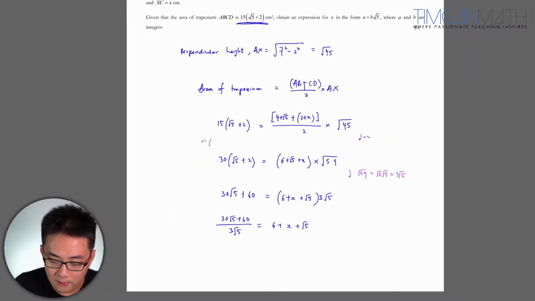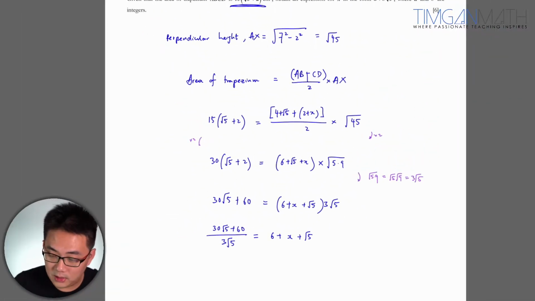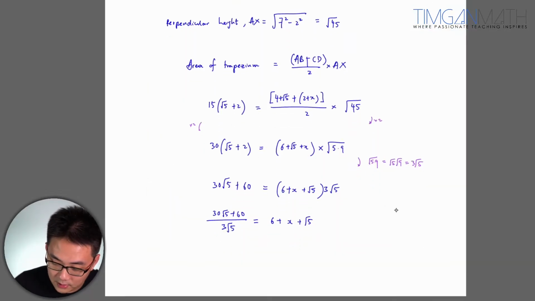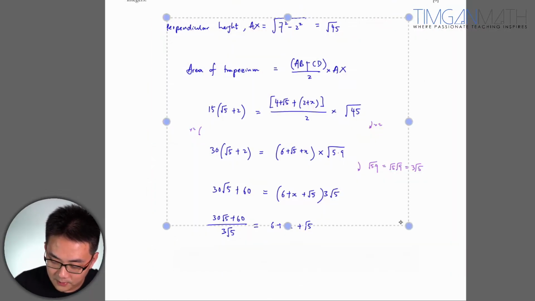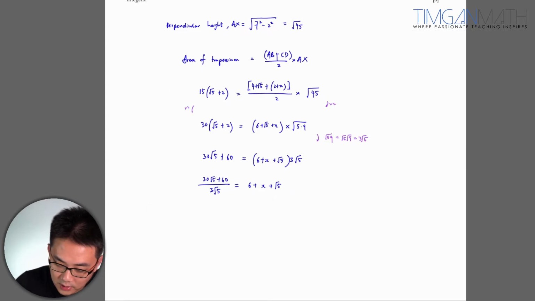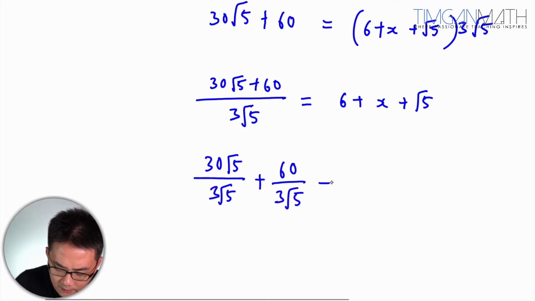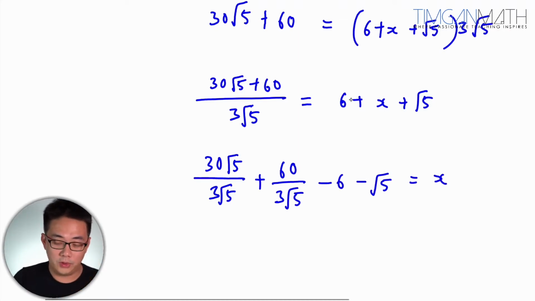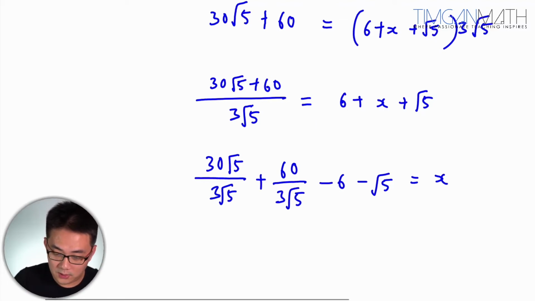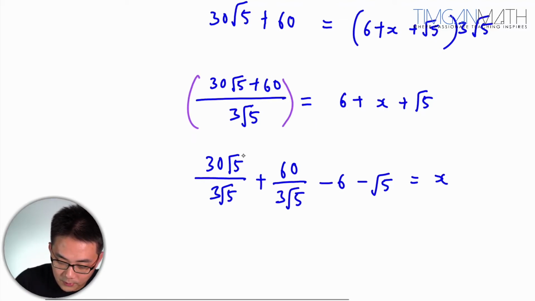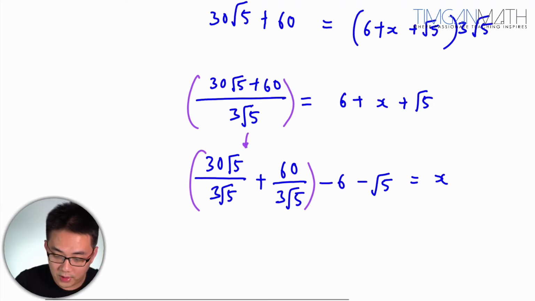Let me just minimize this first; I have a lack of space here. Once done, I'll divide by 3 root 5 and split it up: 30 root 5 over 3 root 5, and 60 over 3 root 5. Am I moving too fast? I hope not.